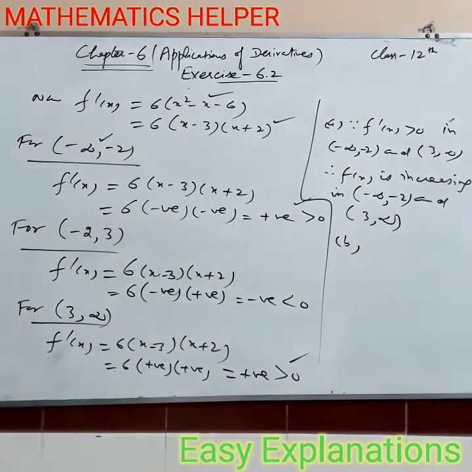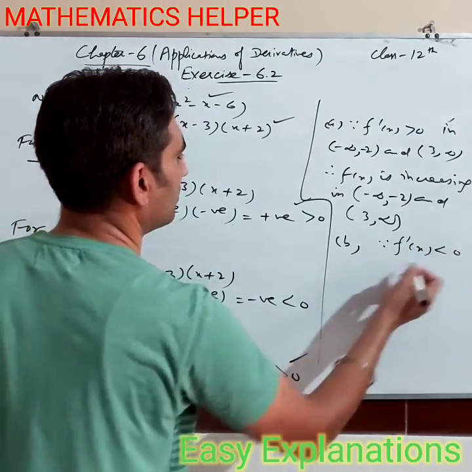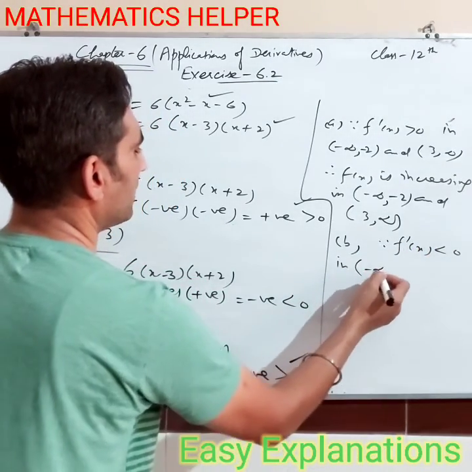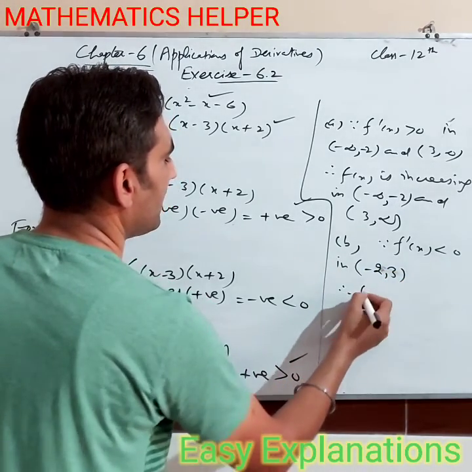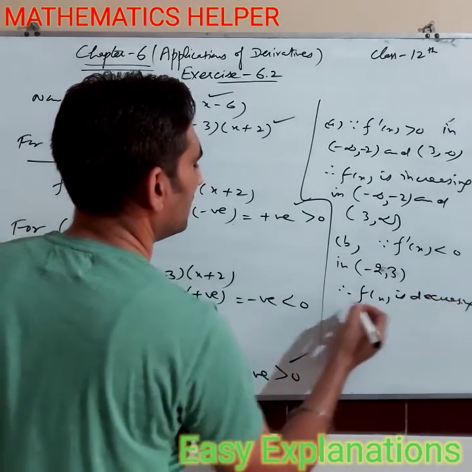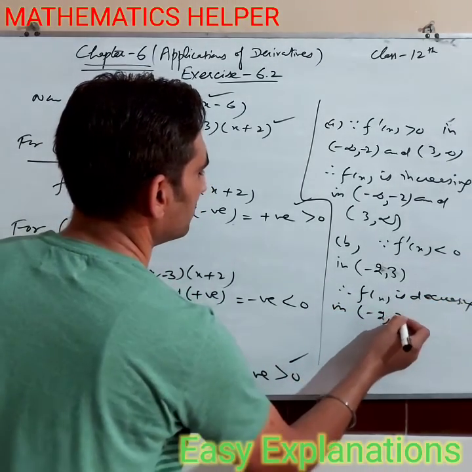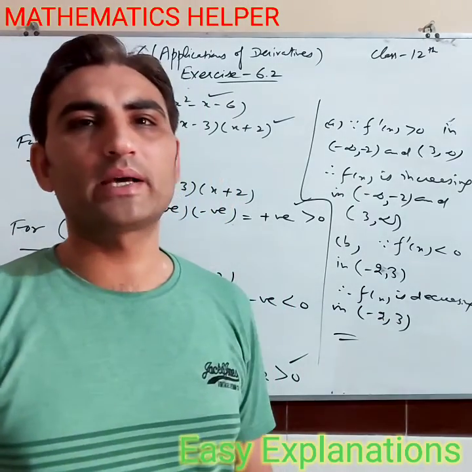Now part B for decreasing: because f dash x came less than 0 in which interval? Minus 2 to 3. Therefore f(x) is decreasing in minus 2 to 3. So this was the answer of question number 5 explained in an easy way.